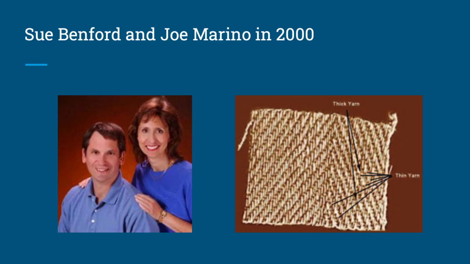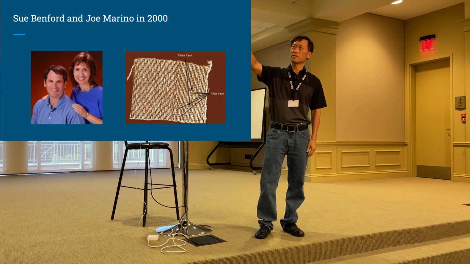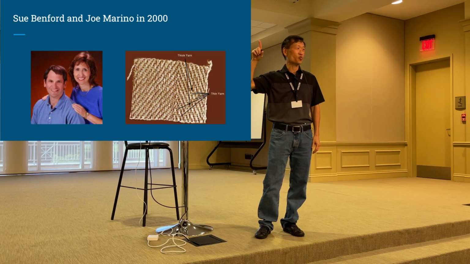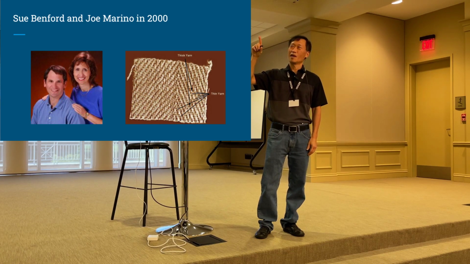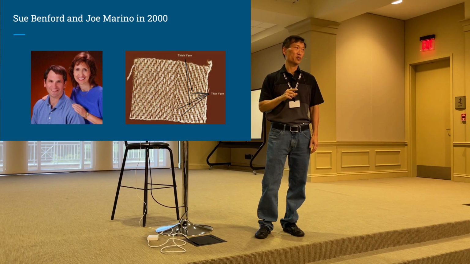This was theorized by Sue Benford and Joe Marino in 2000. Sue Benford was actually the one who theorized this, as a husband and wife. She was a nurse, and she looked at the photograph, and she said, something looks weird about this weave. It just looks different. And so they submitted this sample of this photograph to 3 textile experts.